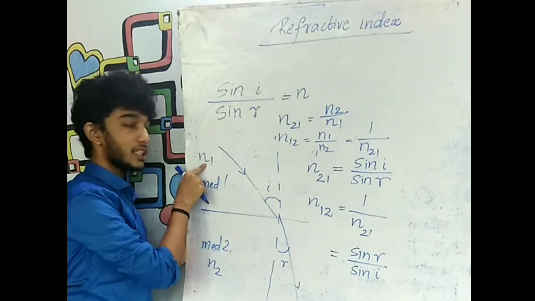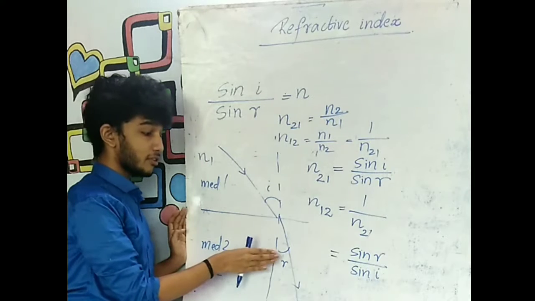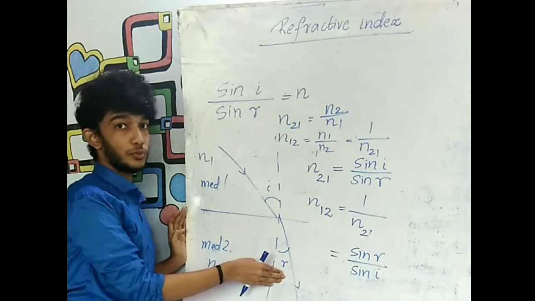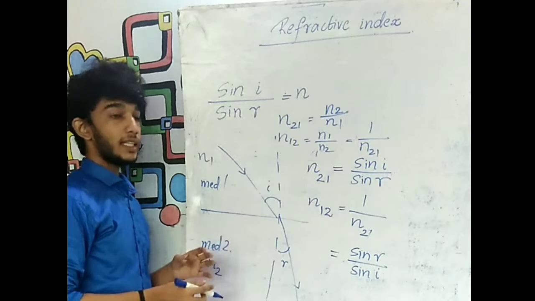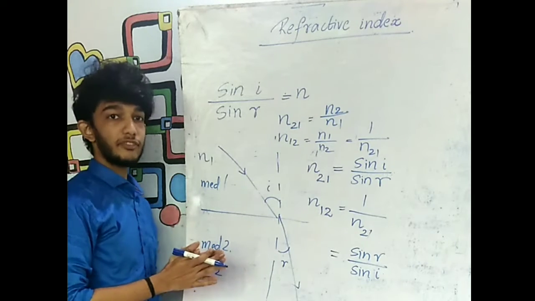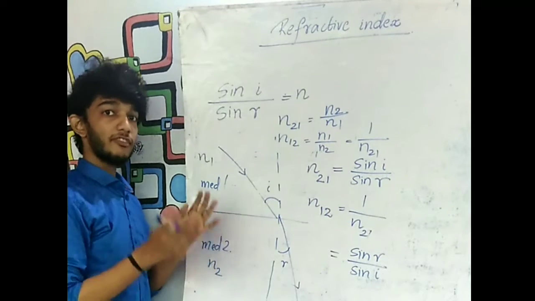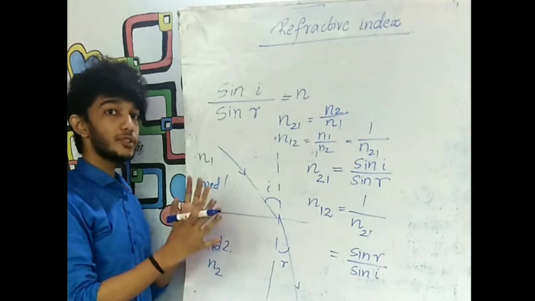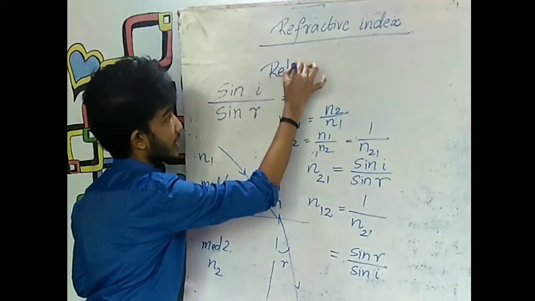And when we talk about the refractive index of medium 1 with respect to medium 2, the sine of this angle should come in the numerator. This is how the equation is expressed. Now, this way of representing the refractive index, that is refractive index of one medium with respect to another, relative to another medium, is known as relative refractive index.